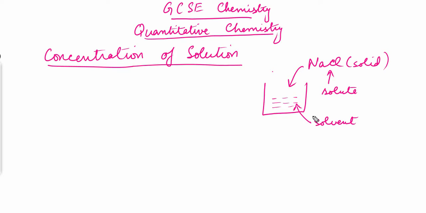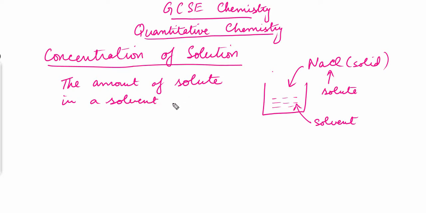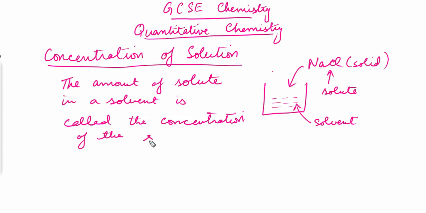The concentration of a solution is the amount of solute that is dissolved in a given amount of solvent. So in simple words, the amount of solute in a solvent is called the concentration of the solution.